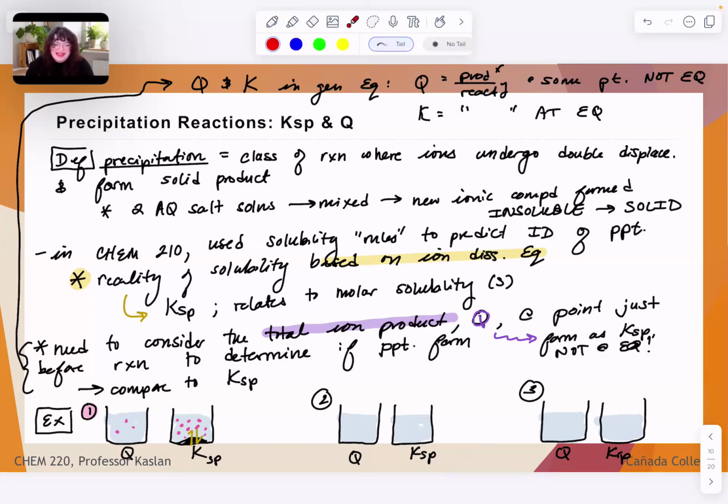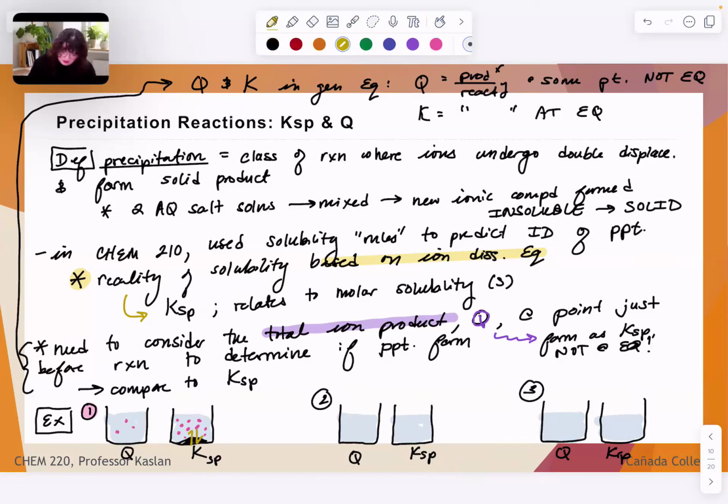We can think about K and Q, ion product and solubility product, as a placeholder related to how many total ions we have in solution. It's not the same as that, but it's related. So here, Q, this ion product, shows that I have fewer ions dissolved in solution than I would were I to reach my solubility equilibrium, my dissociation equilibrium, or saturation.